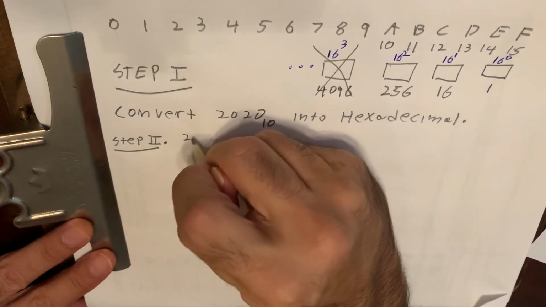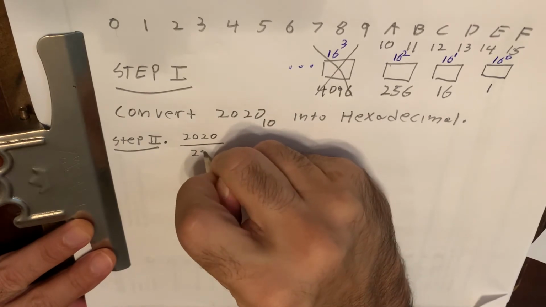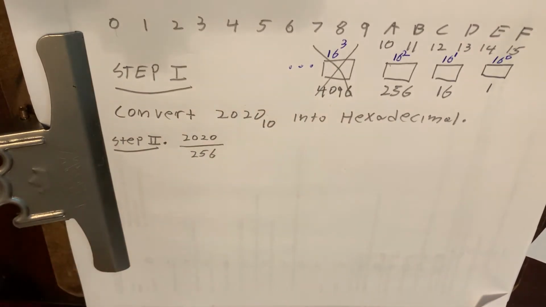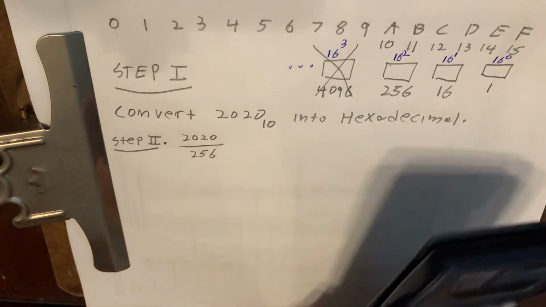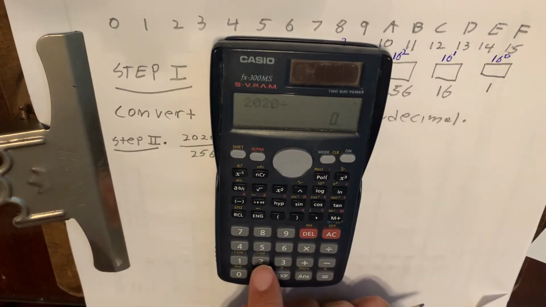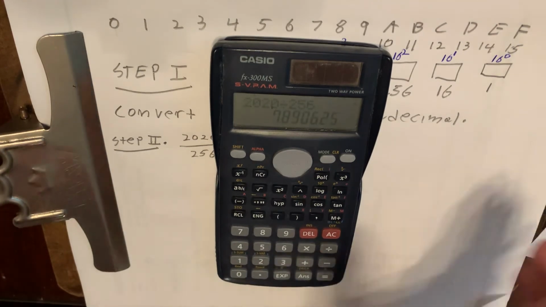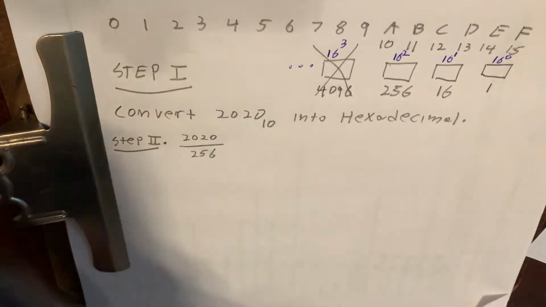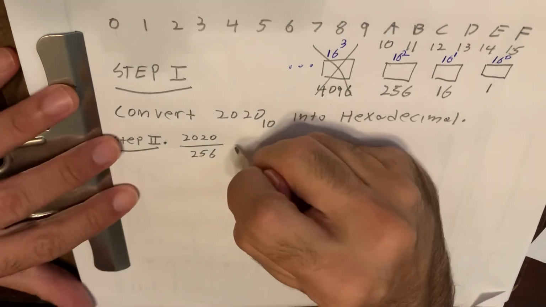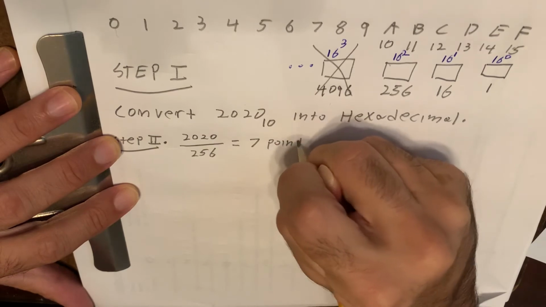We take 2020, divide this by 256, and let's see what we get. So 2020 divided by 256 gives us 7 point something.